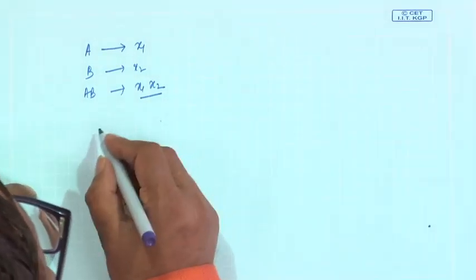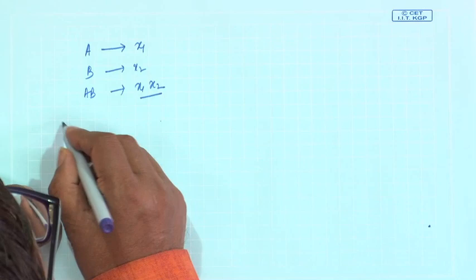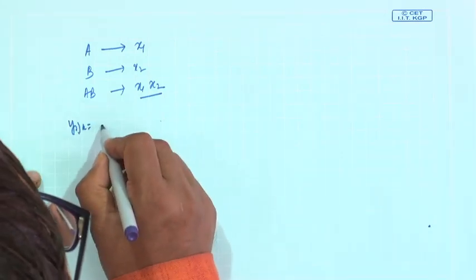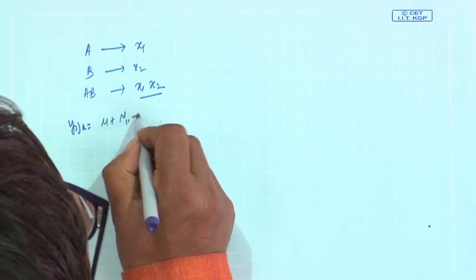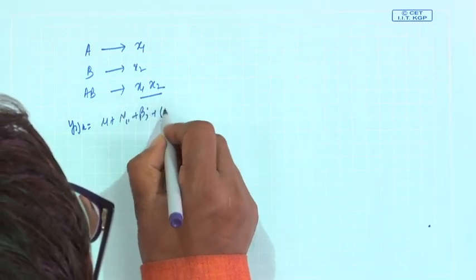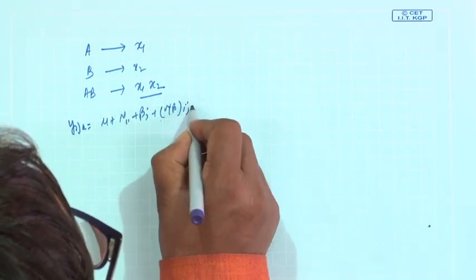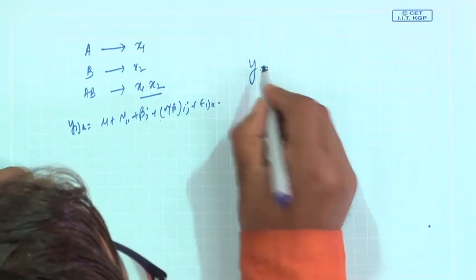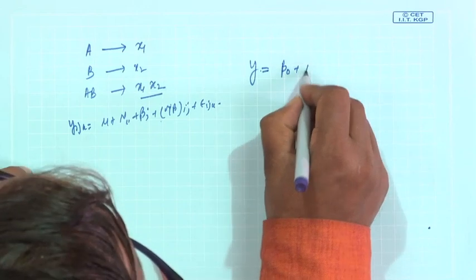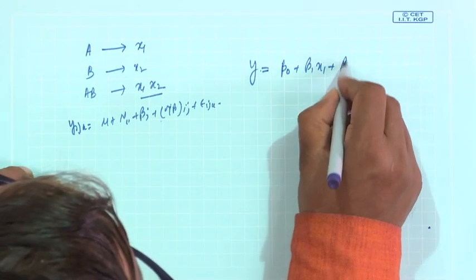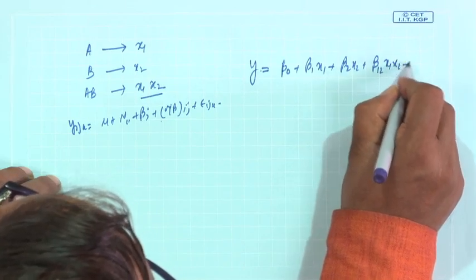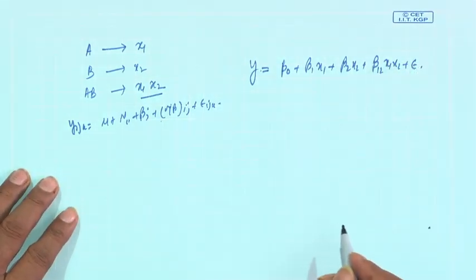So then your fixed effect model is y_ijk equal to mu plus tau_i plus beta_j plus tau-beta_ij plus epsilon_ijk. Our regression will be written like this: y equal to beta 0 plus beta 1 x1 plus beta 2 x2 plus beta 12 x1 x2 plus epsilon.